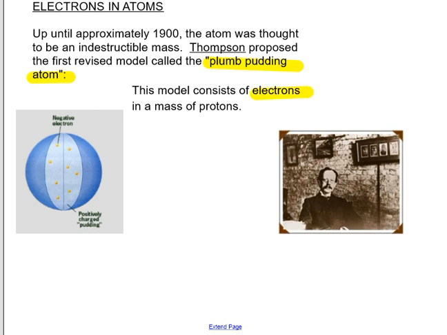And electrons were these little negative bits that were floating around inside this jelly-like mass of positive. And he thought of it like plum pudding, which is kind of like a bowl of porridge, that the porridge part would be the positiveness and the raisins would be the electrons. And so this was the image he had in his mind when he came up with his model.